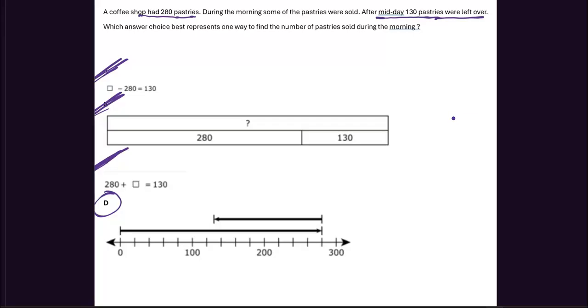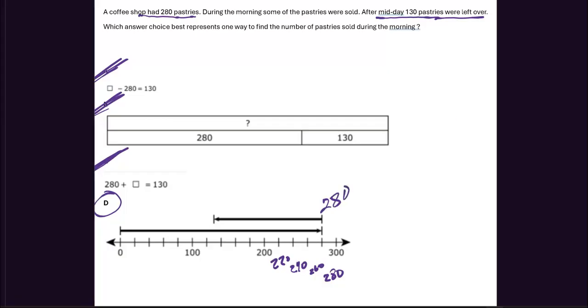Let's try 20s. 20, 40, 60, 80, 300. So yes, it would be 220, 240, 260, 280. So the line represents 280.